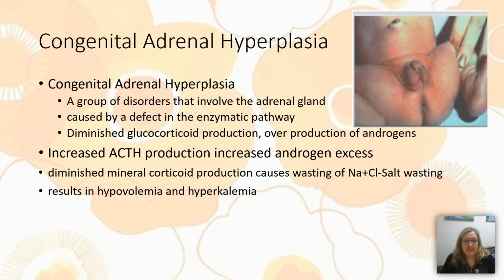In addition, and this is very important, adrenal hyperplasia can cause a failure of the body's genitals to differentiate properly in the womb. So the child can be born with ambiguous genitalia. And this picture here, I'm showing this because this is a typical example of what you might see. This is actually a female.